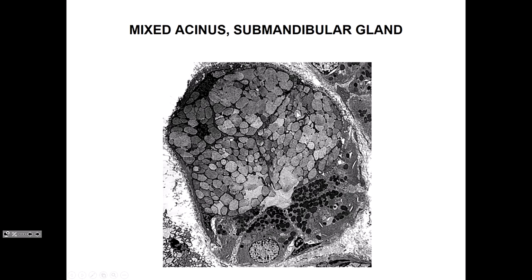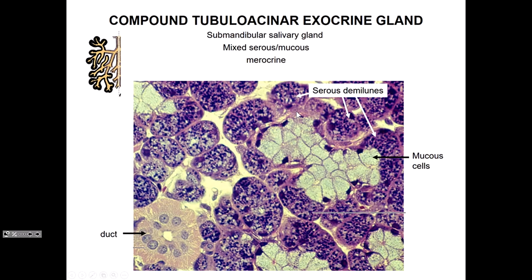Okay, questions? Yes? The orientation, yeah, it could be like cut through here. The orientation is hard to say for sure because it's cut through everything. You've got the duct portion. So let's see here.